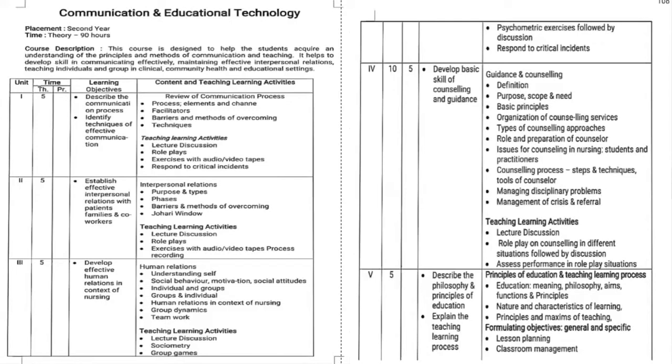For example, nurse-patient relationship, NPR. What is the relationship between nurse and patient, or nurse and healthcare professional? And group dynamics: what work we have to do in the group. And teamwork, that is healthcare personnel work. Taking a hospital, for example, the staff nurse does the nursing work, and doctors check the patient, tell the status of the patient, and write the medication.